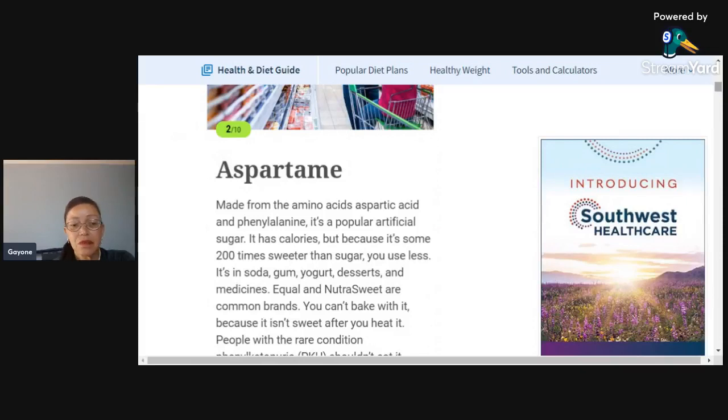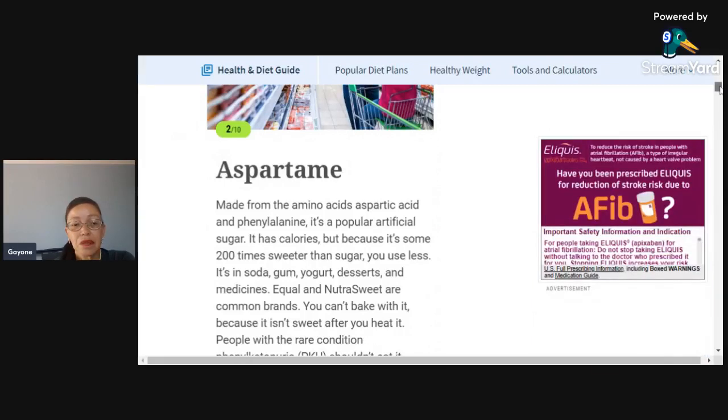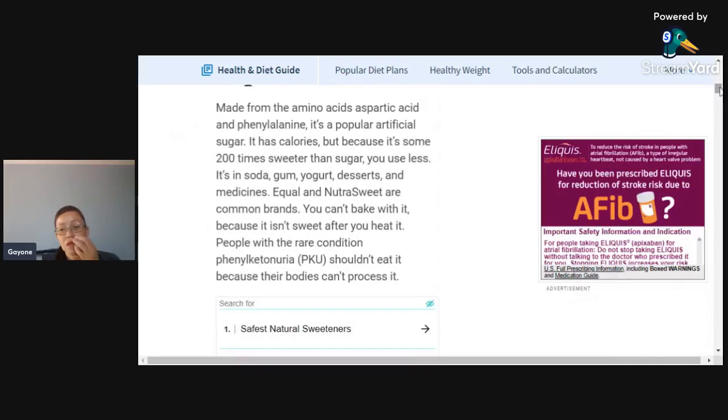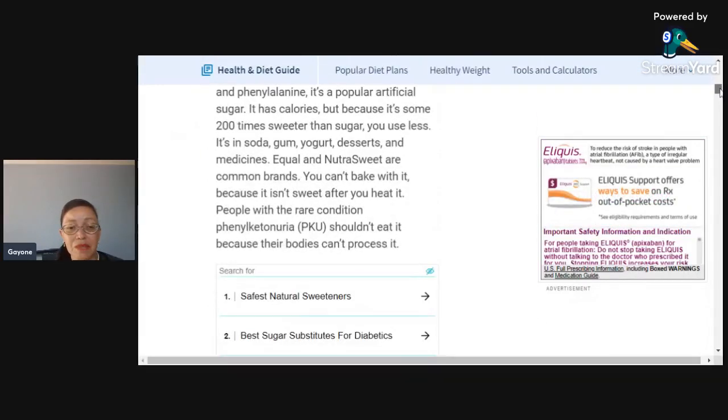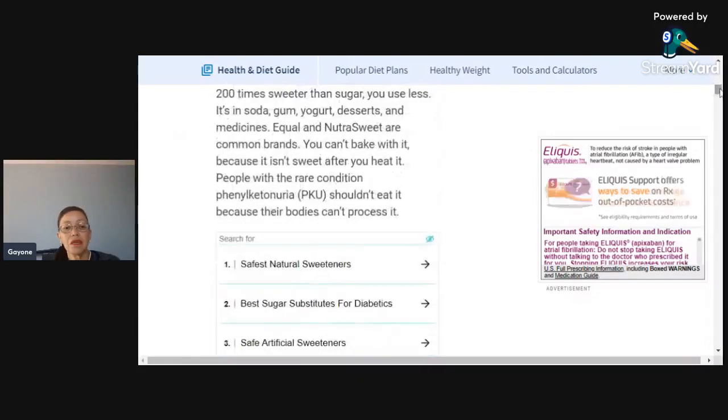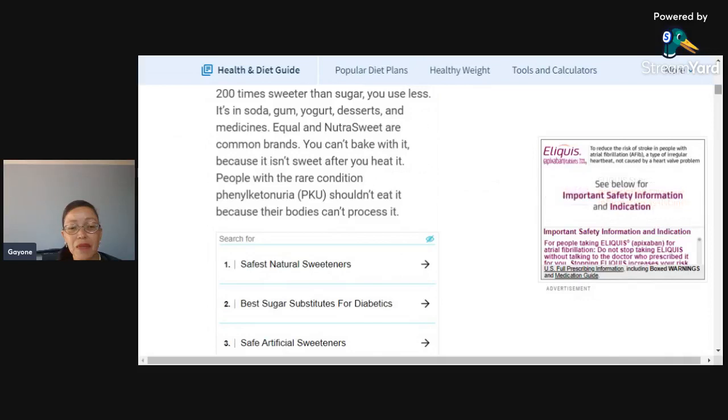It's in soda, gum, yogurt, desserts, and medicines. Equal and NutraSweet are common brands. So when you're reading your ingredients on labels, aspartame is one of them. It said people with rare conditions, PKU, shouldn't eat it because their bodies can't process it.